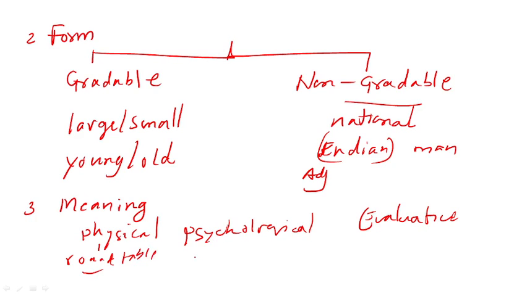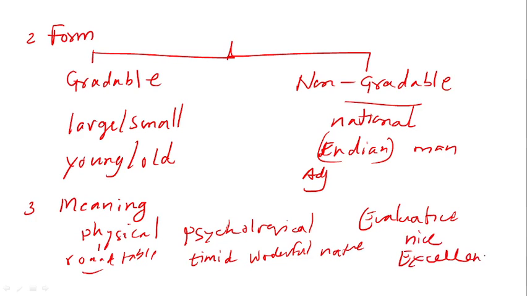Psychological quality, for example, timid or wonderful nature, etc. Evaluative is when you make a comment of evaluation like nice, excellent, etc. So these all come under meaning, that is the third type of test applied to determine the adjective.